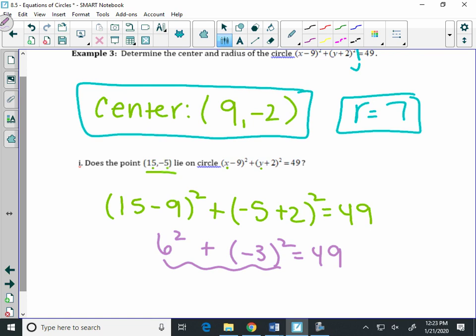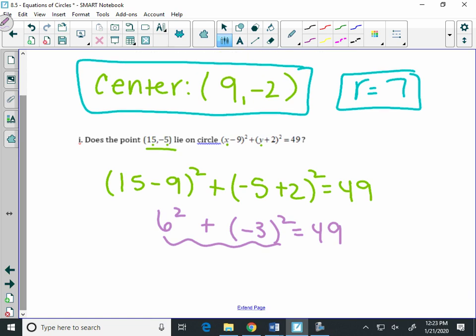If you don't, the calculator does not read it correctly. You're going to get the wrong answer. It doesn't make it positive when you don't put parentheses around it. When you square a negative, it turns positive. So what do we get when we do 6 squared plus -3 squared? What is it? 45, right?